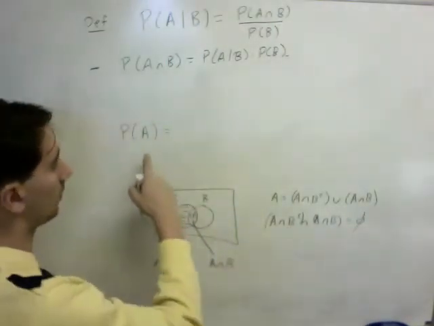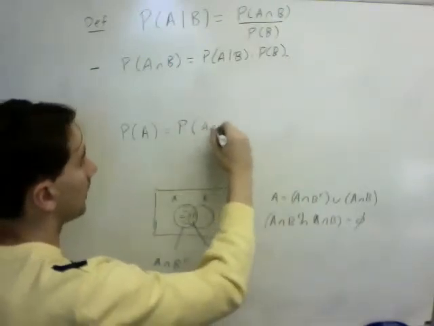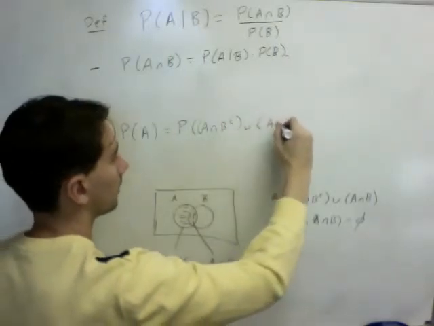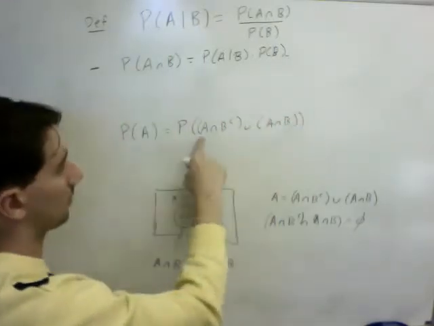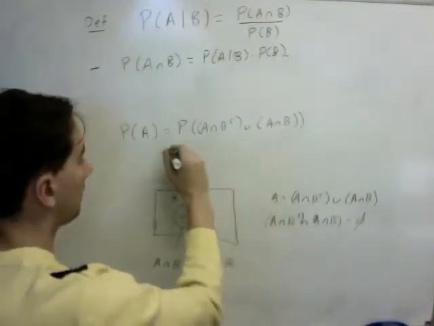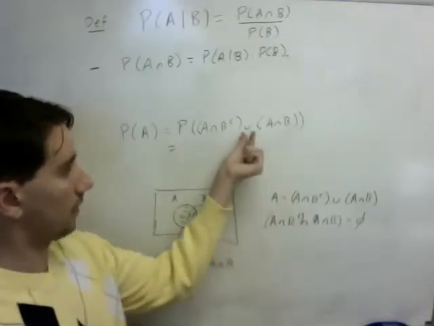And so now let's use this. So the probability of A is equal to the probability of A intersect B complement union A intersect B. So all we did was make a long substitution for A, because these two things are really equal. But because these are disjoint, by rules of probability, this union can turn into a sum.